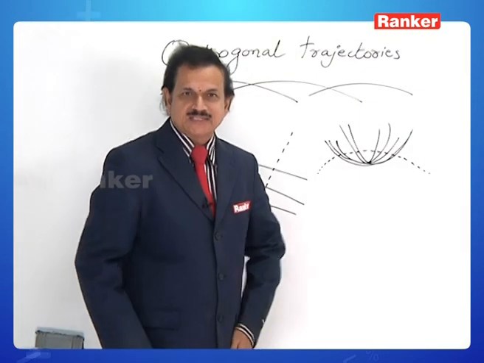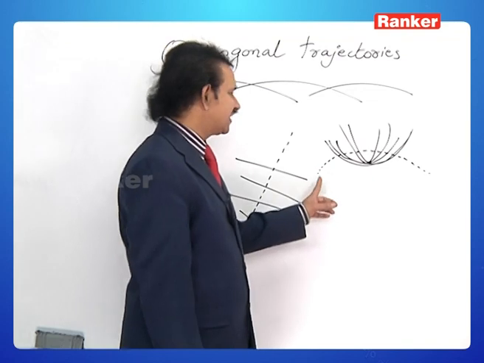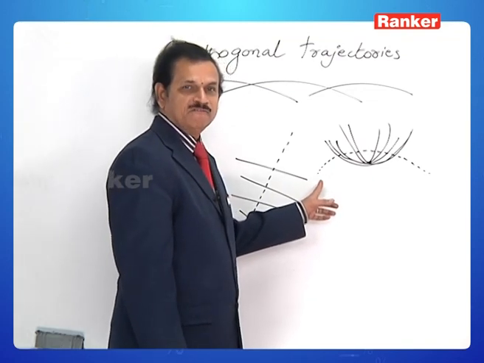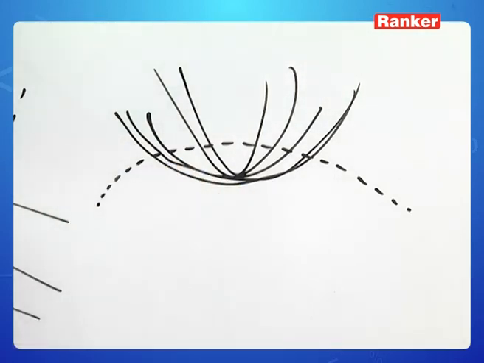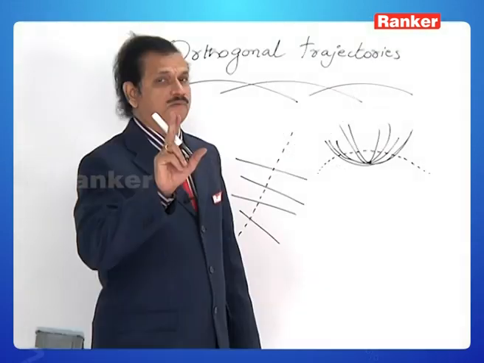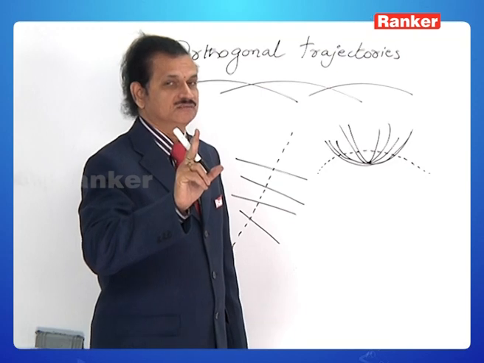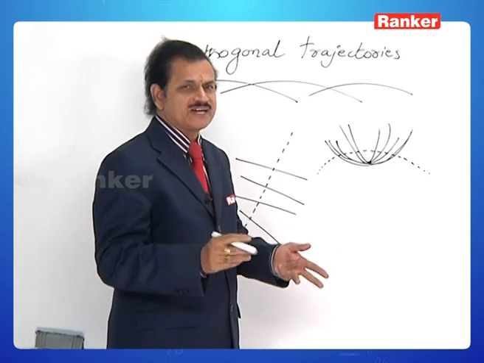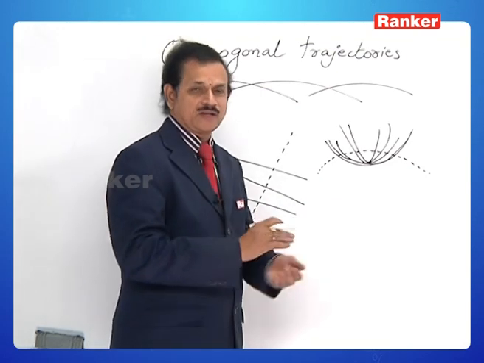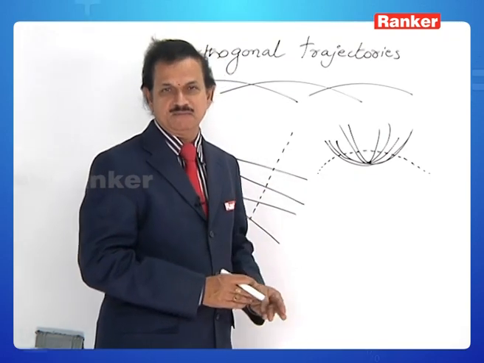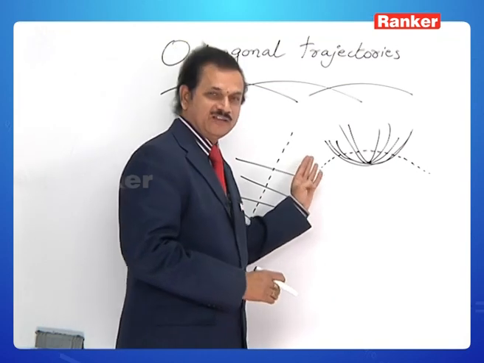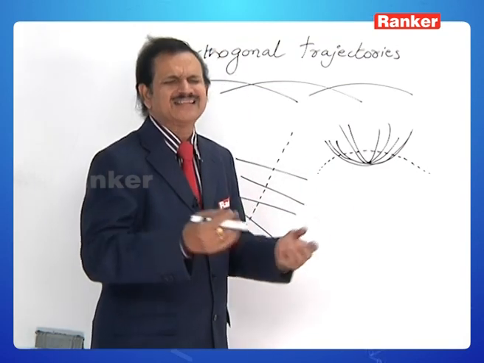The definition is given like this. If there is a curve which cuts each and every member of a given family of curves by following a fixed condition, what will be the shape of that condition? It may pass through one particular point, or it may be inclined at a constant angle with each and every member, or it touches one more curve, like that.